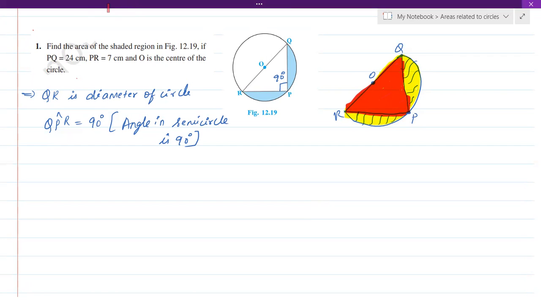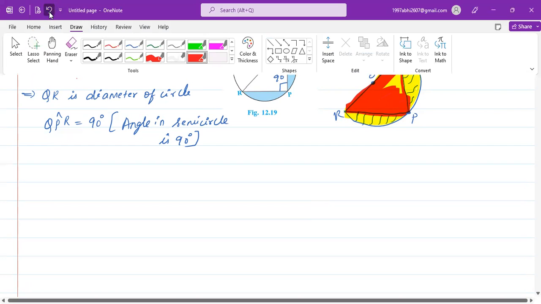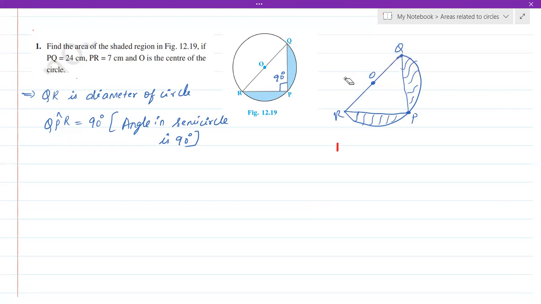So let me repeat it again. See, when we find area of semicircle, we get the entire area, isn't it? In that, what is not required? The triangle area is not required.